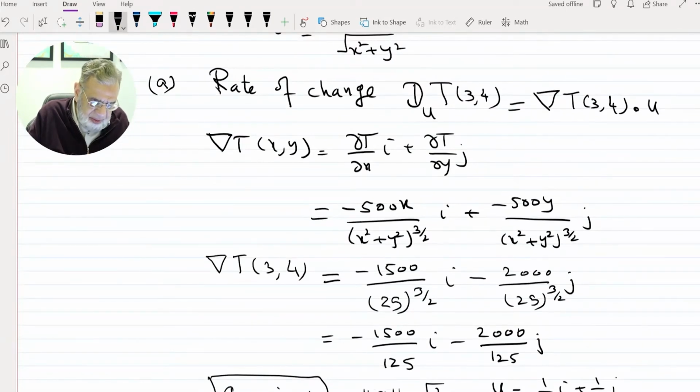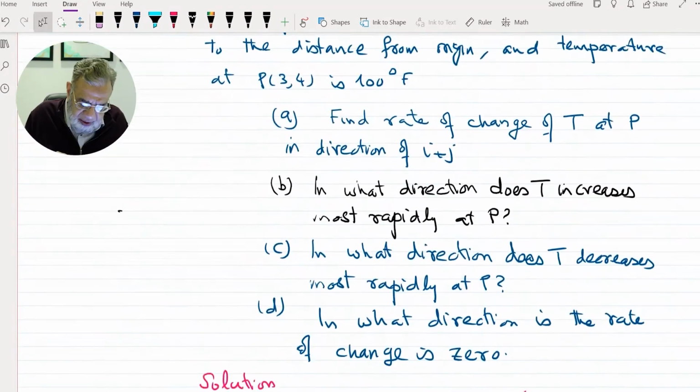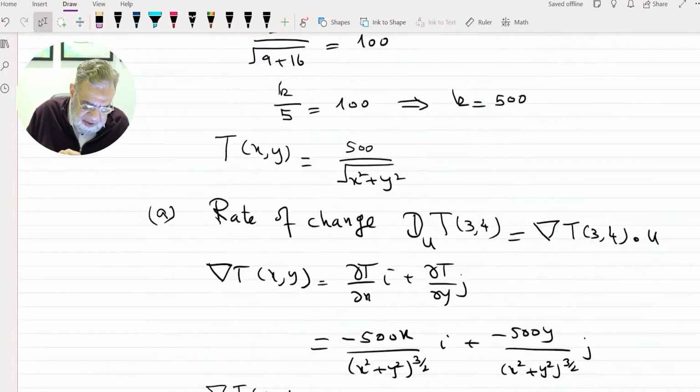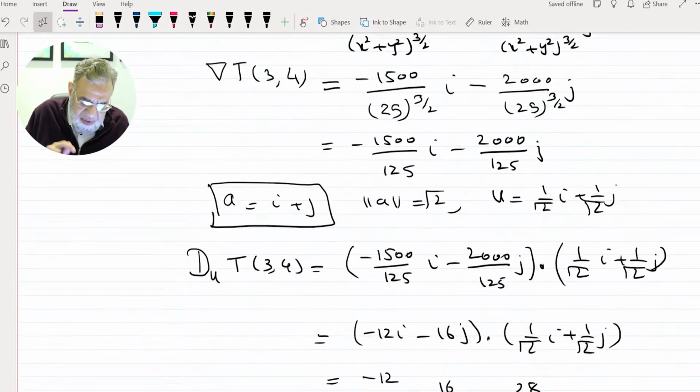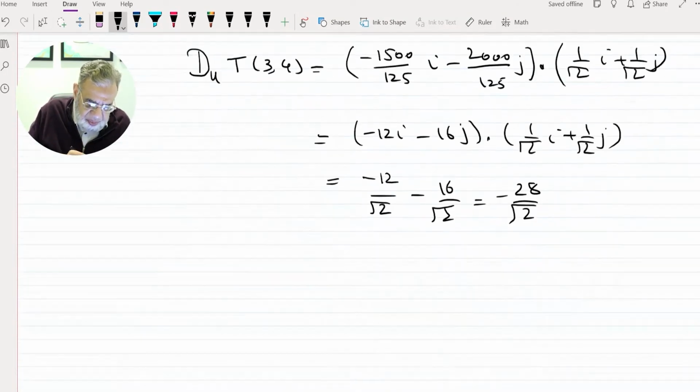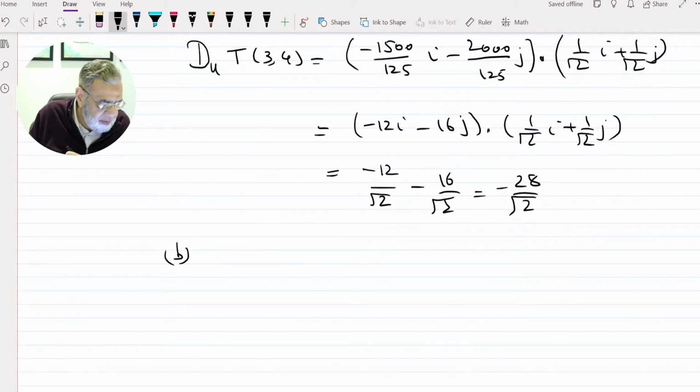What's my part B? In what direction does T increase most rapidly at (3, 4)? The direction in which it increases most rapidly is the direction of the gradient. We already have the gradient, so we just take this direction, which simplifies to minus 12i minus 16j. So this is my direction.